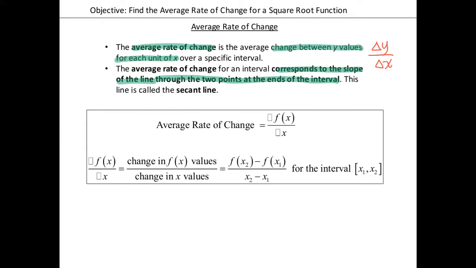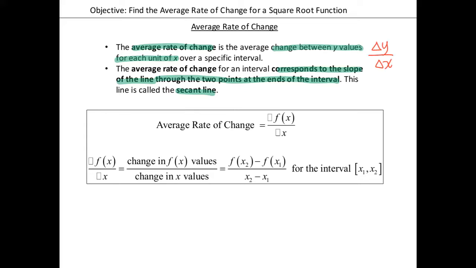And this line is called the secant line. You don't necessarily need to know that for now, but it comes in useful in calculus and pre-calculus, where you talk about secant lines and tangent lines. But for the sake of Math 3, we don't really need to know what a secant line means.